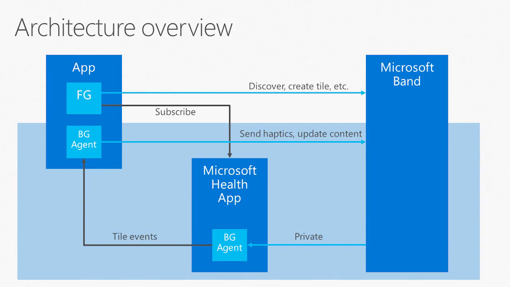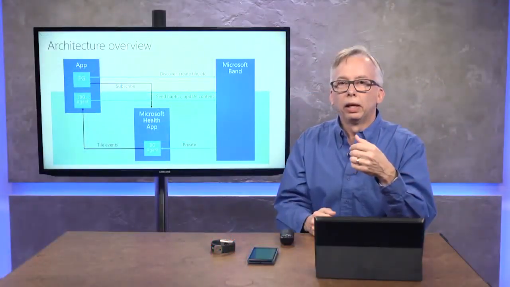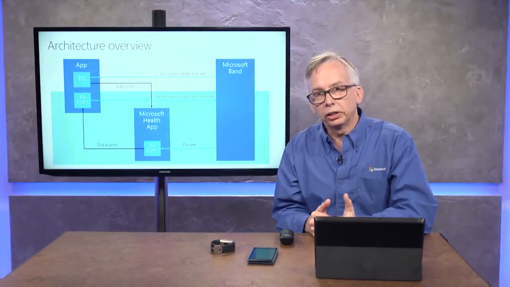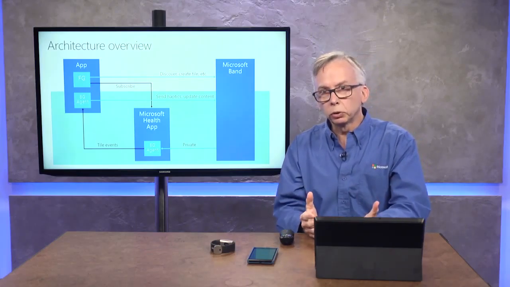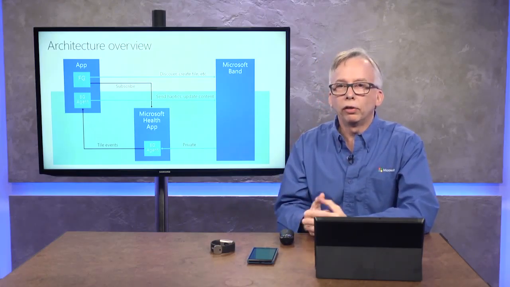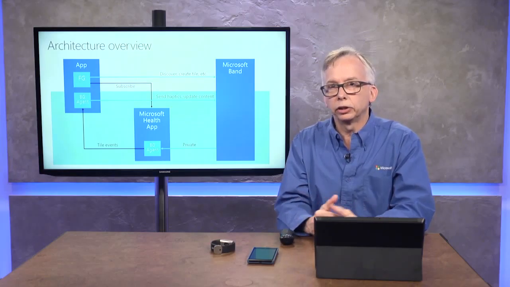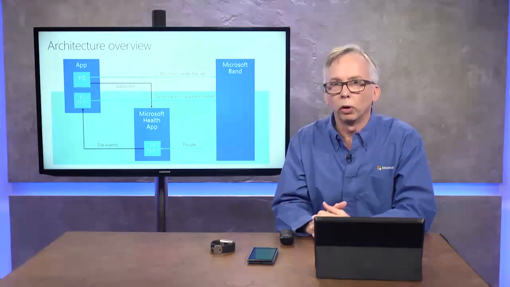And so in effect, what you wind up with are two somewhat distinct interfaces to the user. You've got your traditional foreground application, and then you've got this other experience that's being driven by the background agent. Now, typically in an application like this, you may have web resources that you're accessing, other things that are going on, and you may have a sign-in experience that you want to expose in your foreground app.